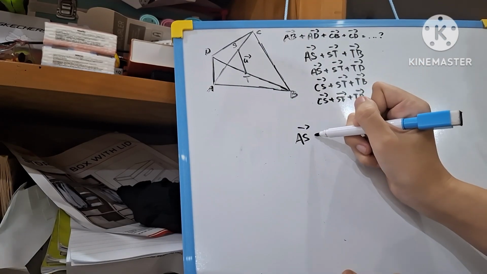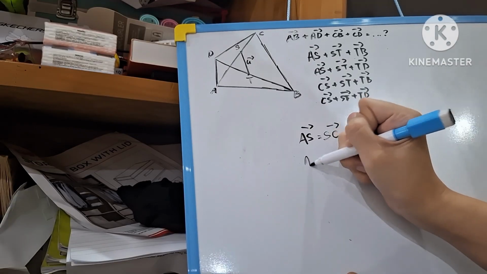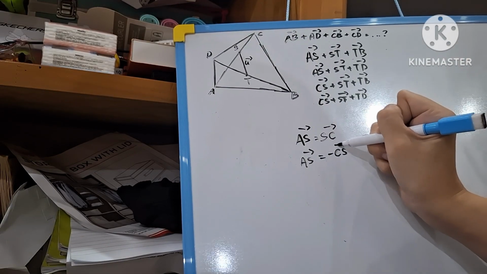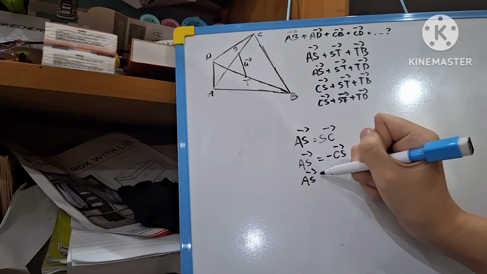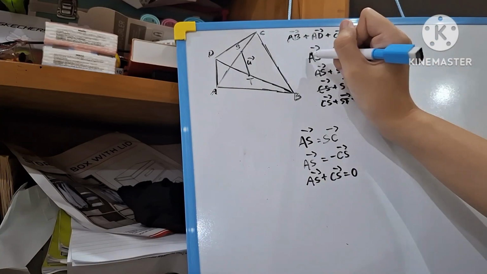Now we have AS over here, but there's no SC. So we'll flip it around to the left, turns to minus, and the reason the result is 0 is because it's already empty here. So we'll just eliminate some since it's 0.